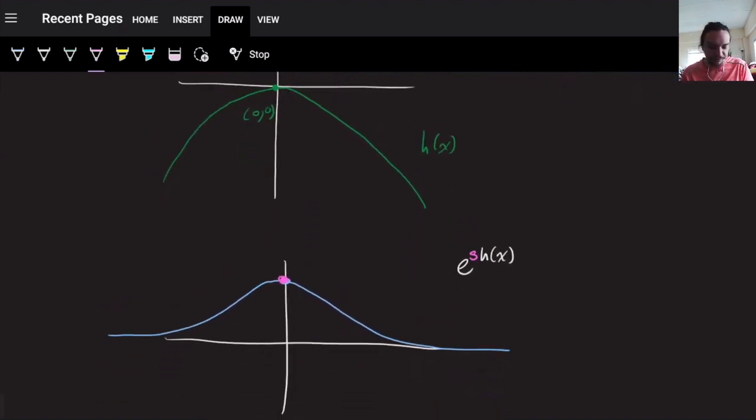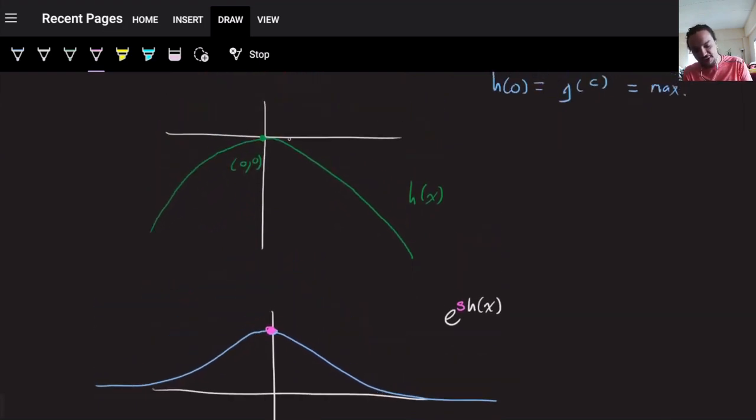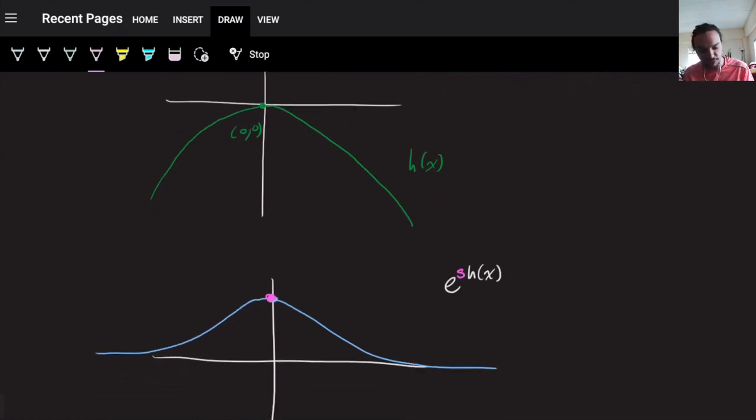for all time, or for all s. But for all the other possible values of s, so like for x equals 1, for x equals minus 1, and so on, we're going to get a negative value for h, and as s grows, that's going to get really, really negative. Okay? And so then e to that is going to get really, really small.